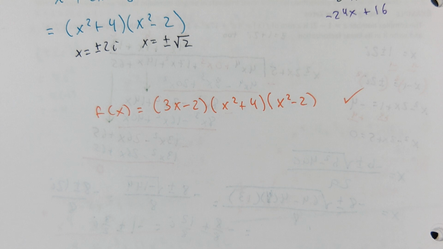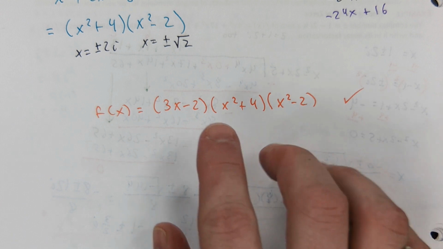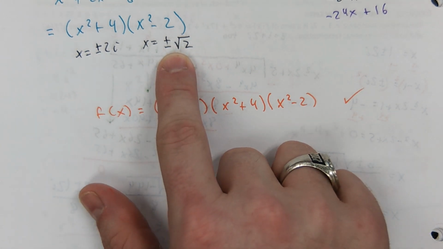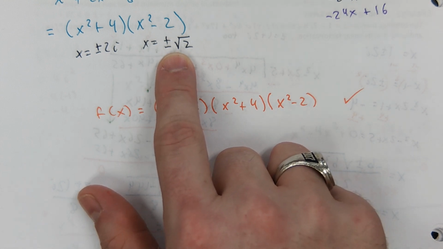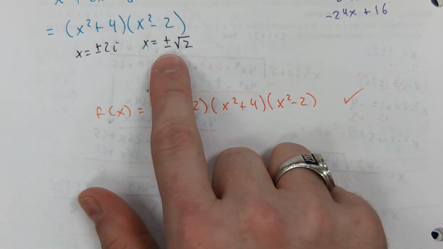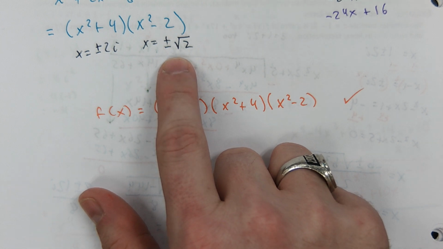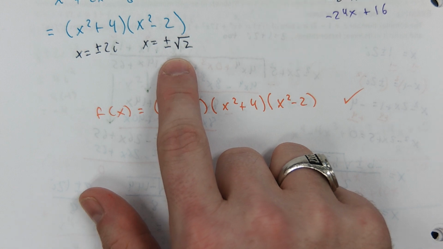But all irreducible quadratics will solve and have a plus or minus in them, won't they? So not only do complex answers have to come in conjugate pairs, a very specific type of irrational solution must come in conjugate pairs as well.